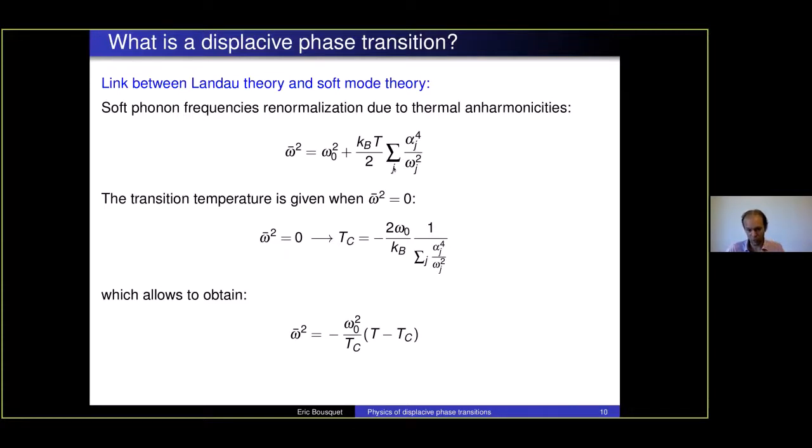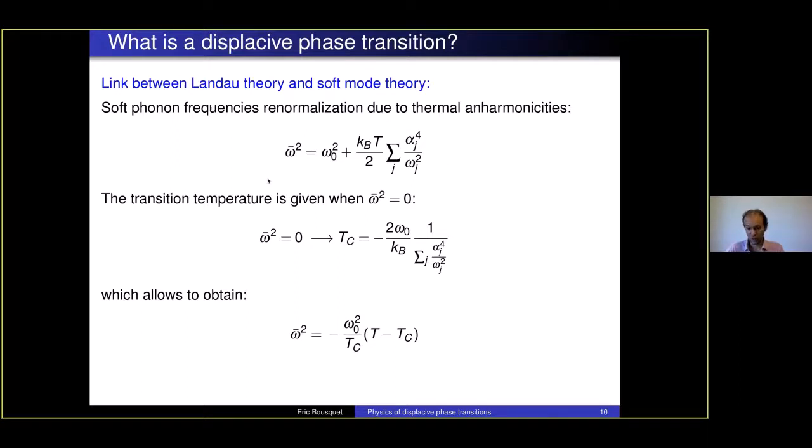So here is the sum over all the modes of your system, besides the 0 one that you want to analyze. And this alpha coefficient is simply the phonon-phonon interaction between the mode j and the mode 0 that you want to study. So from the phonon-phonon anharmonic interaction, you know that you have this type of evolution of the phonon frequency.